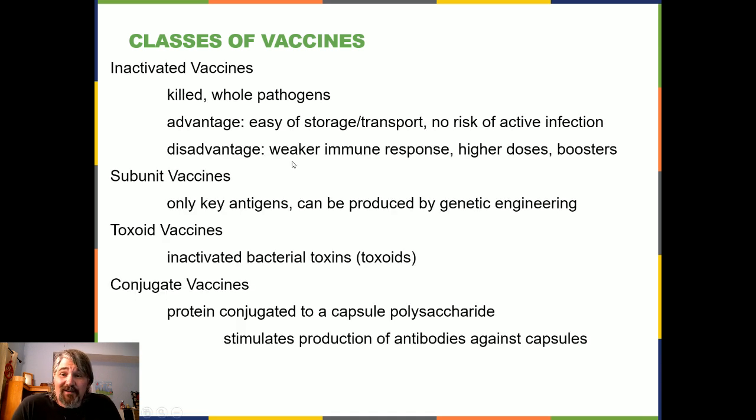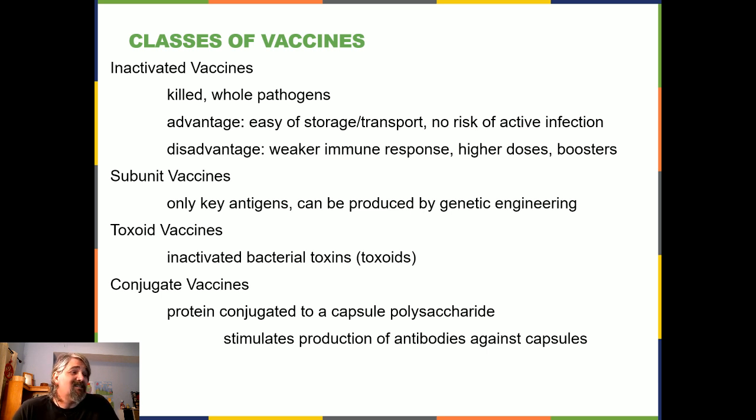Inactivated vaccines, that's where we use the whole pathogen that has been killed. It's easier to store and transport, with no risk of active infection. However, it also gives a weaker immune response, requires higher doses, and requires boosters. Subunit vaccines are where we only take the key antigens that we produce by genetic engineering. The toxoid vaccines are the inactivated bacterial toxins.